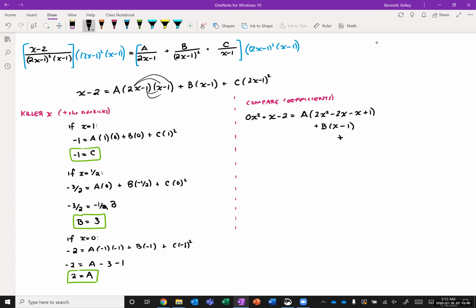Oh no, I can do this. All right, get it together, Walker. So for c, I have 4x squared minus 4x plus 1. So this is another way where I can just look at coefficients without rewriting everything. So my x squareds, I get 2a and 4c.